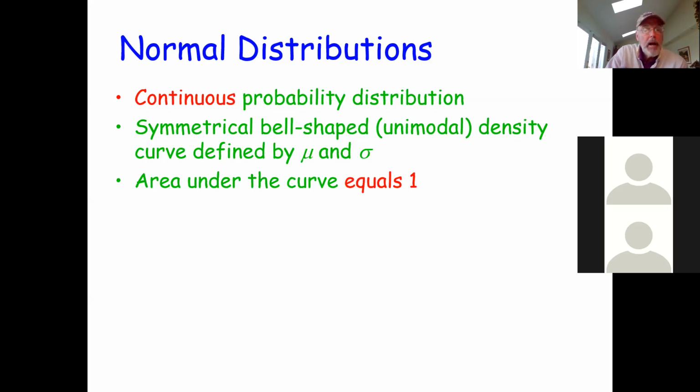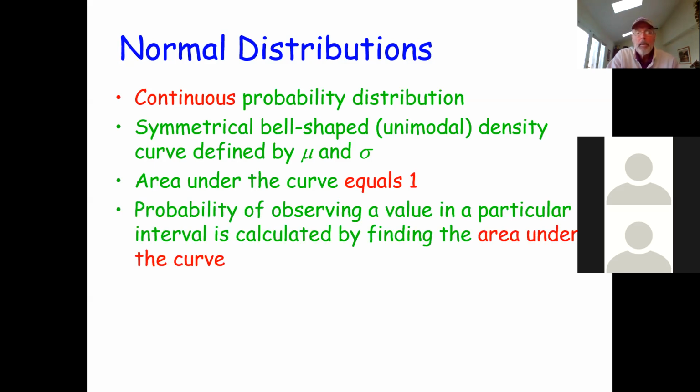And we're going to run our probabilities, thinking that the area under the curve is equal to 1. That's the highest probability value can be. We want to segment the area under the curve and use different segments to ask questions about the data.